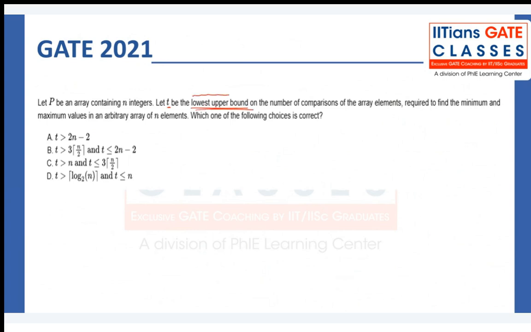I really like this thing about the people who set the GATE questions: they put subtle hints in the questions without explicitly stating them. So, is p the lowest upper bound on the number of comparisons of array elements required to find the minimum and maximum values in an arbitrary array of n elements? What is correct? Think about it and we can discuss. If you have an answer, you can put it in the chat and we'll discuss it. I'll give you a couple of minutes to think about it.